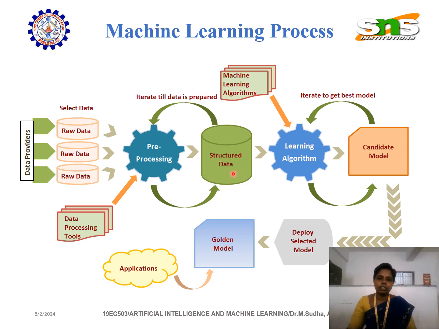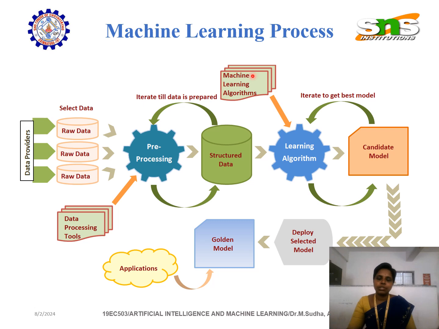And once the structured data is confirmed, we will send it to the learning algorithms. Here we use several types of machine learning algorithms. Based upon the specific application, we will choose the machine learning algorithm.